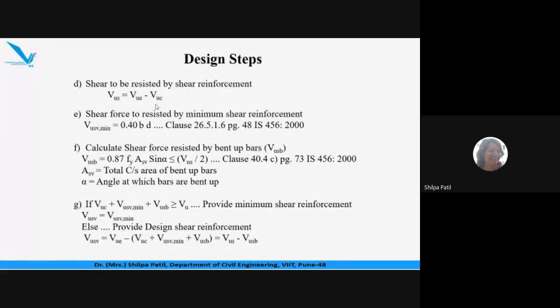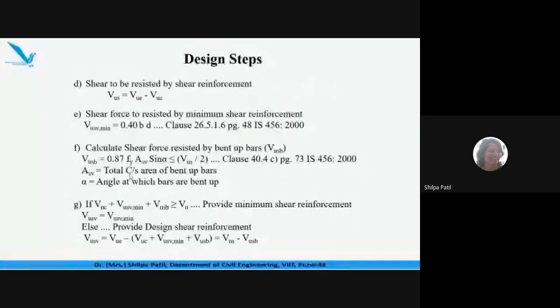Then the next step, we have to calculate the shear which is resisted by the minimum shear reinforcement. The formula is VUSV minimum equal to 0.4 BD. Then we calculate the shear force resisted by bent up bars, VUSB. The formula is same.